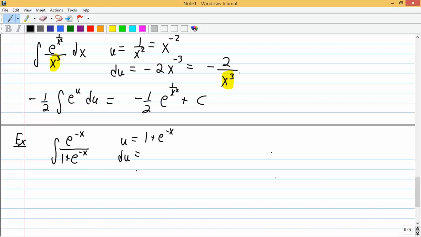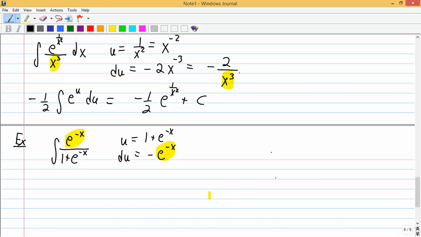If I let my denominator be my u and I find my du, the derivative of 1 is 0, and the derivative of e to the negative x is negative e to the negative x. And so you can see, if I let my denominator be my u, this du, other than the negative sign, is present in the numerator.